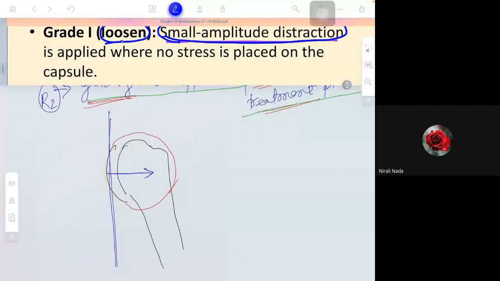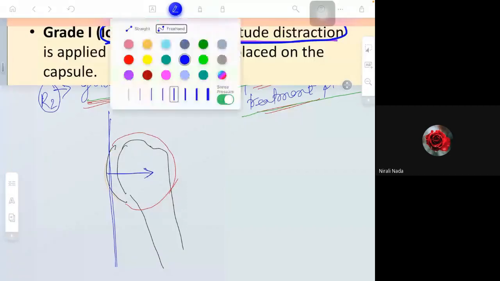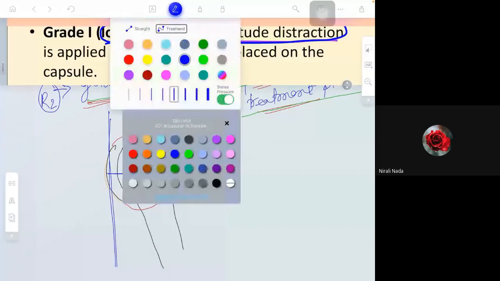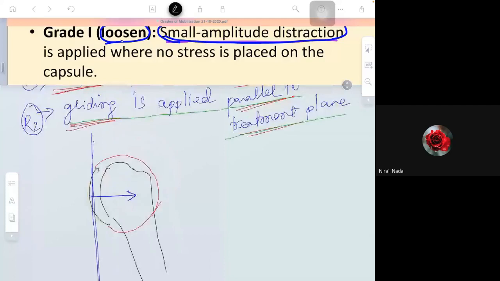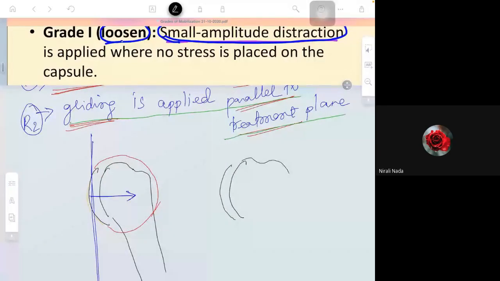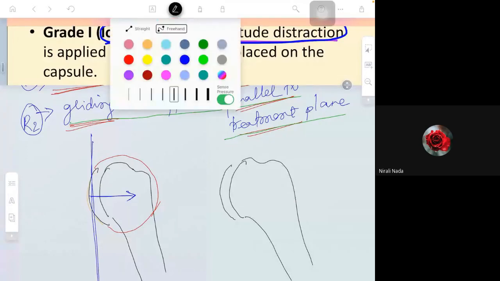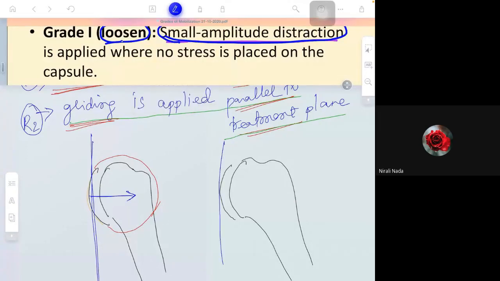I'll make it a little more clear. Now in the second example, this is the glenoid cavity and this is the humerus. This is the treatment plane, and here the joint capsule is lax. It is not tight, here it is a little lax. So I have given two examples.